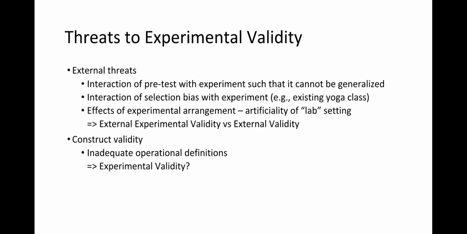And construct validity, we will talk about later, is more like operational definition. An adequate operational definition is needed to have strong construct validity, but we will talk about that one later. External threats are very simple here. Any interaction between selection and experiment, and testing and experiment, etc., makes it hard to generalize, right?